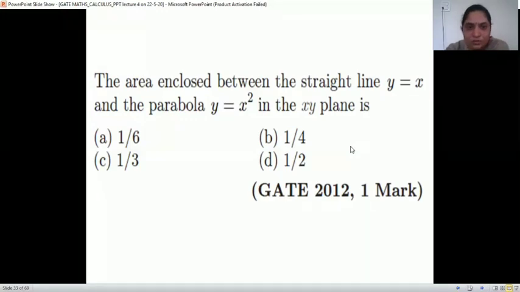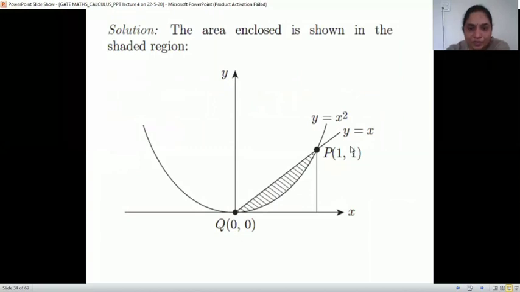Okay, I'll show you. This is the required region, where this is the parabola y is x square, and this is the line y is x.